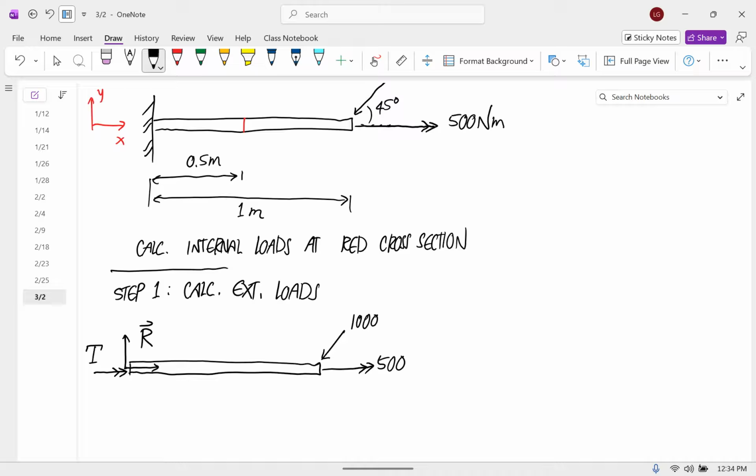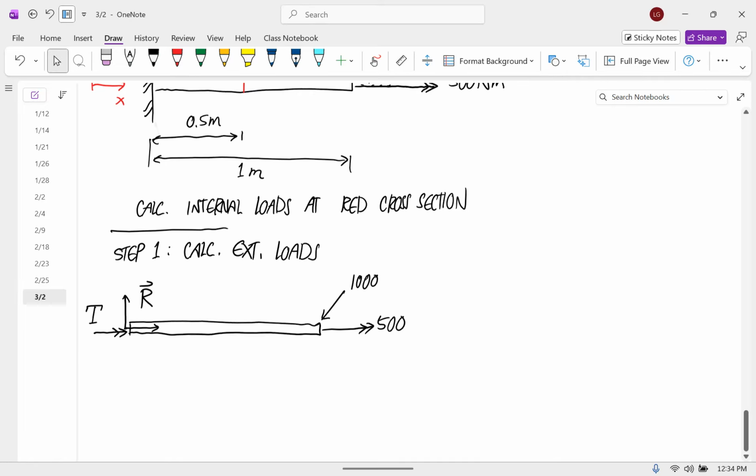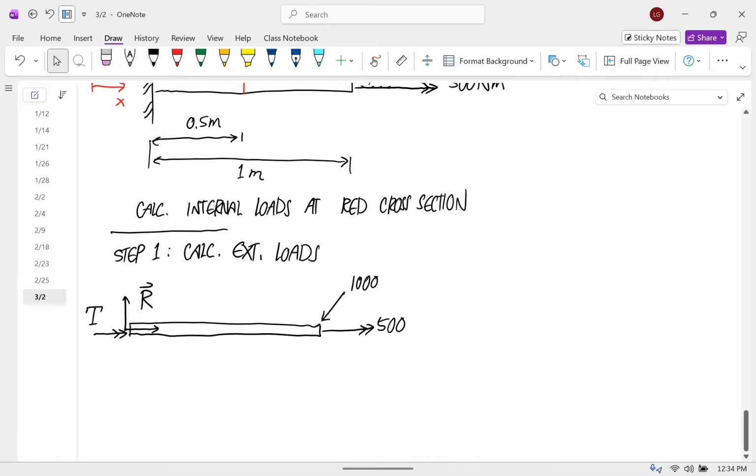Okay, so that fancy T is my reaction torque. And then I have the reaction force R. So that deals with the fact that this 500 would make it barrel roll, right?